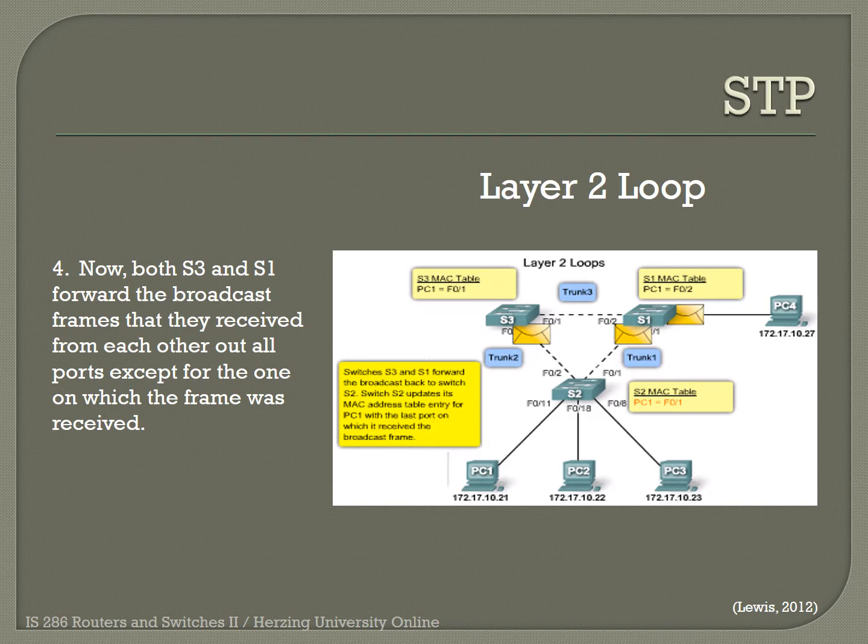Now, both S3 and S1 forward the broadcast frames that they received from each other out all ports except for the port on which each broadcast frame was received. This means that both broadcast frames are now headed for switch S2.